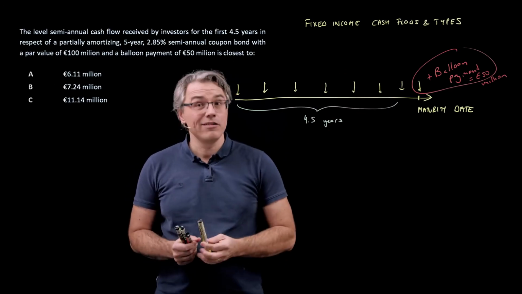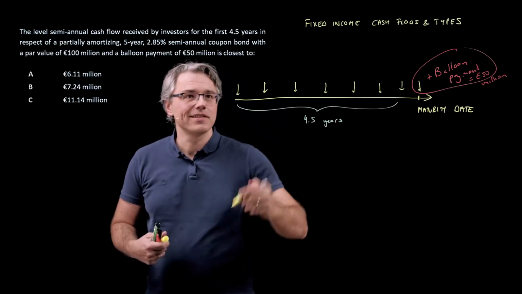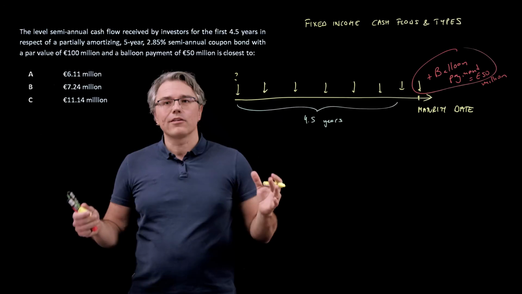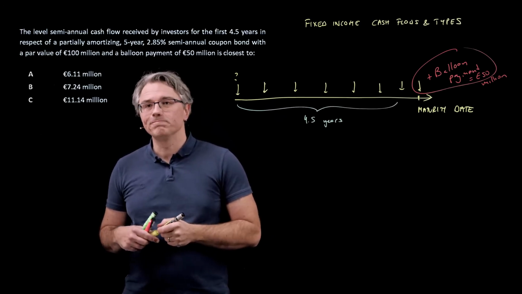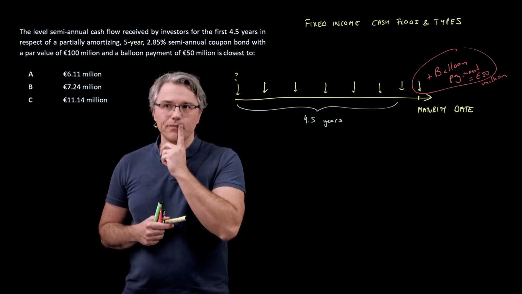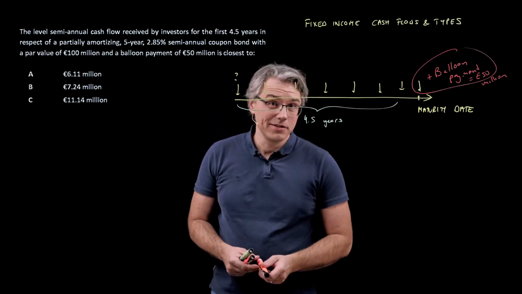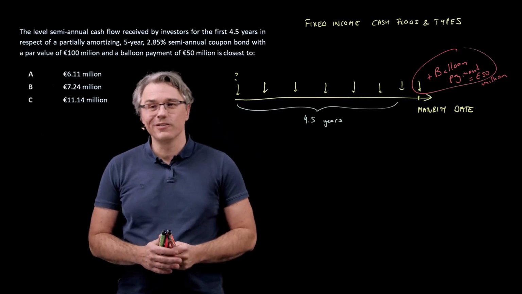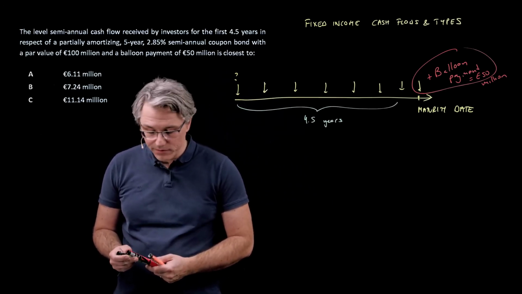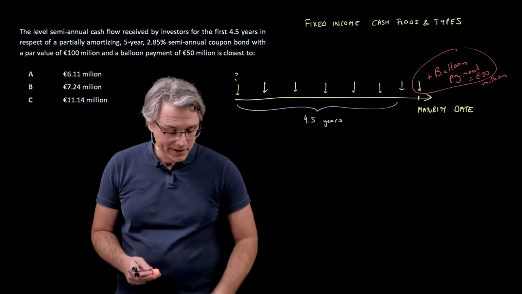We are, however, interested, or we are asked for the size of these cash flows over here, which get repeated across the initial 4.5 years of the bond's life. How do you do this computation? Well, once again, it would be extremely difficult on paper without the calculator. But it's really easy if you can use your cash flow worksheet on the calculator in a clever way.